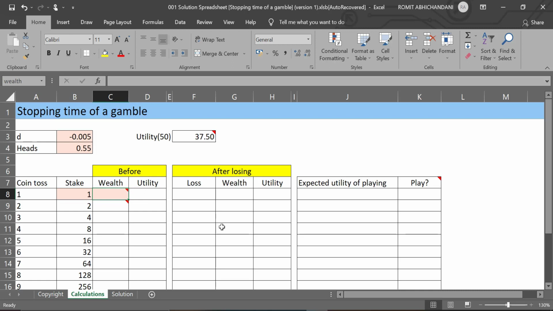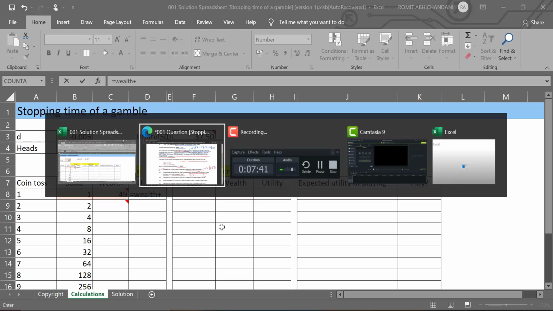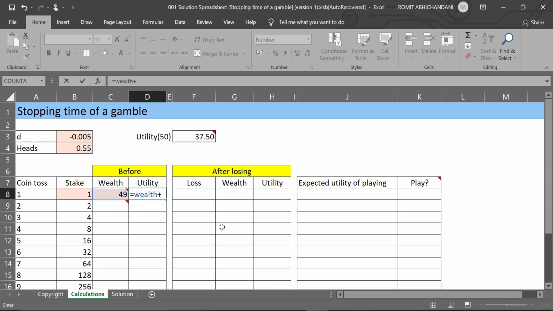So what is the initial wealth that they are starting with? We were told it's 49. Okay, what is the utility? It's nothing, you just apply this function. So it will just be equal to the wealth, and then you add wealth times D W square.